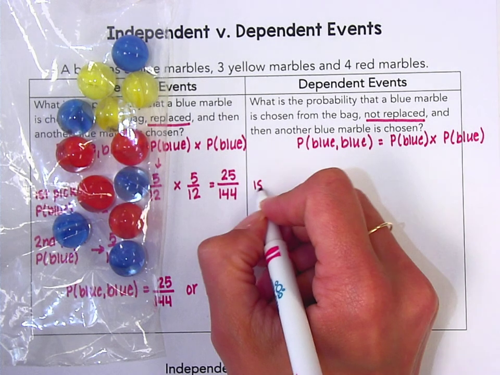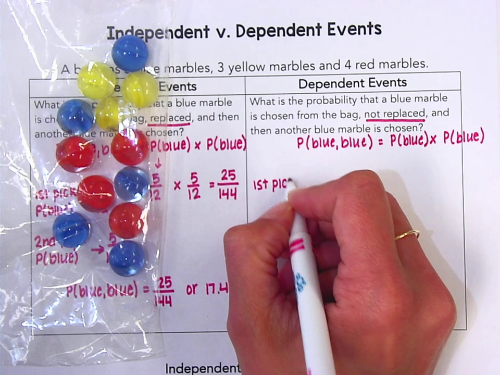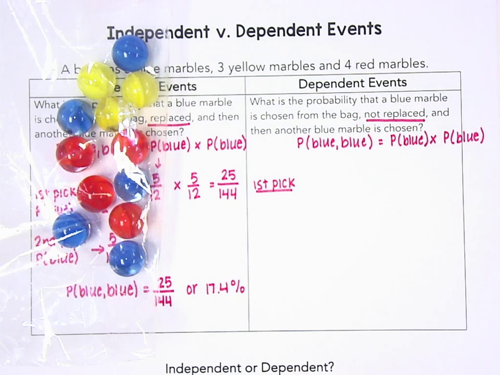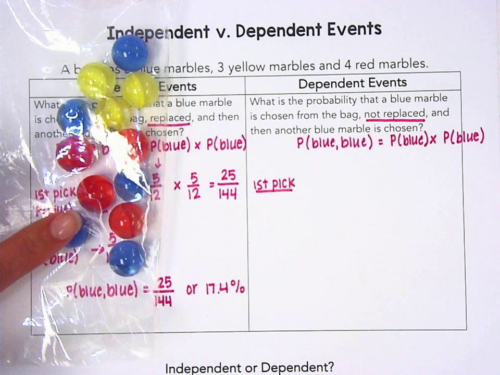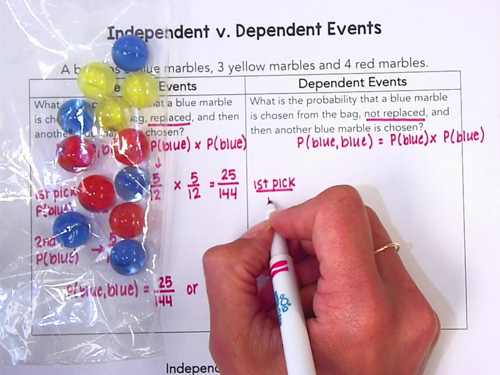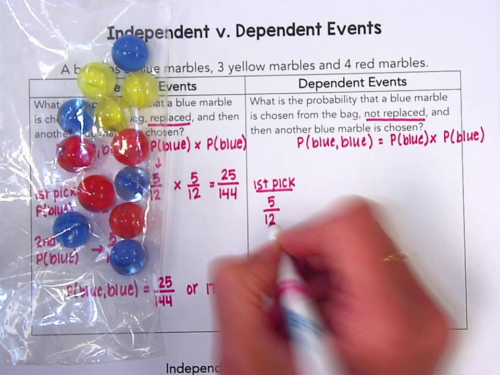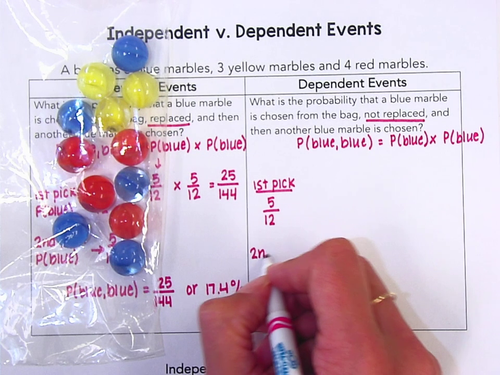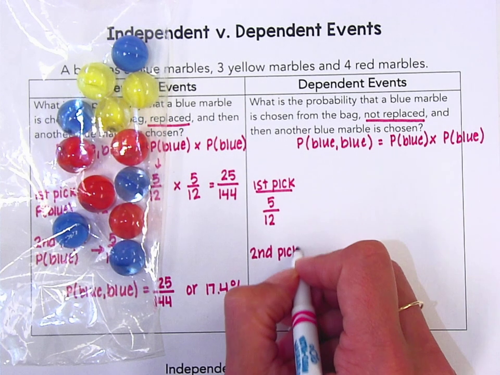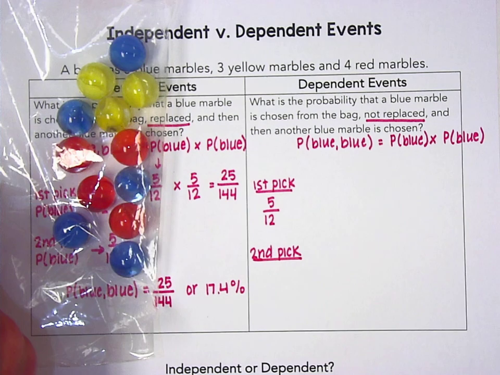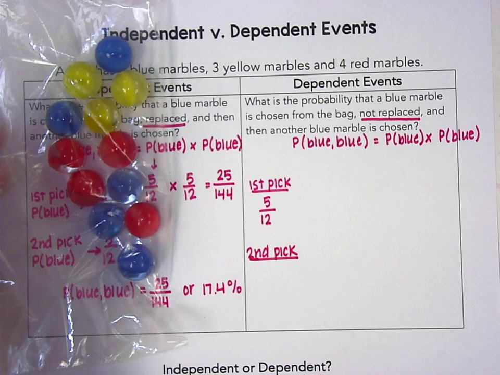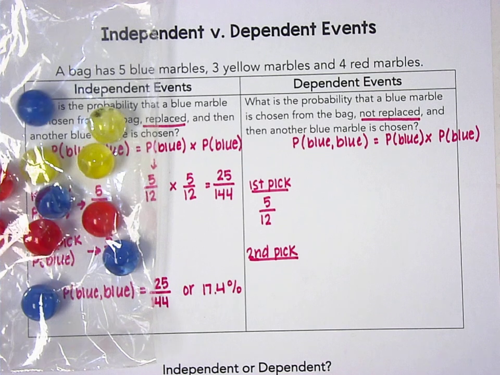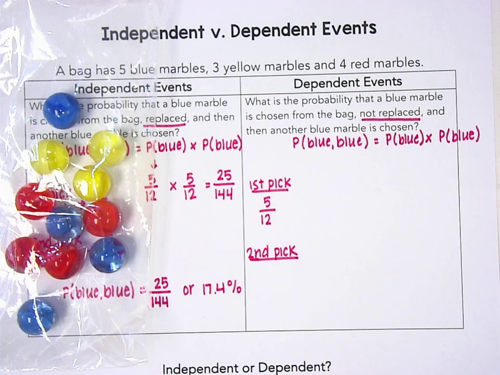When I go in for my first pick, we have the same probability: 1, 2, 3, 4, 5 blue marbles out of 12 marbles to choose from. When I go to choose for my second pick, keeping in mind that I've actually chosen a blue marble, the difference here is that I'm not going to replace that marble.